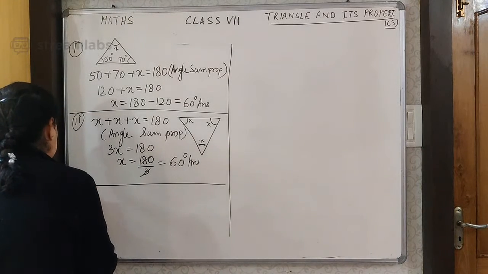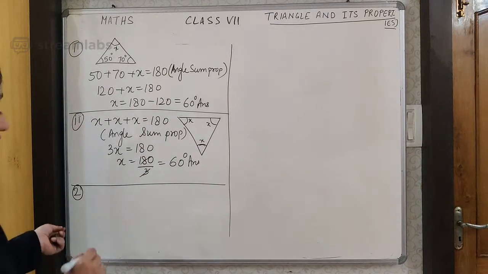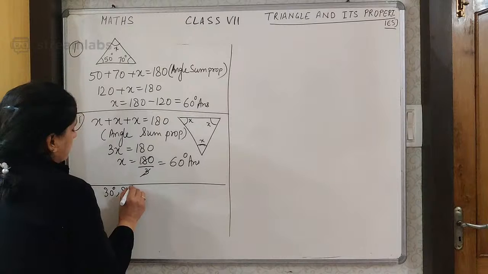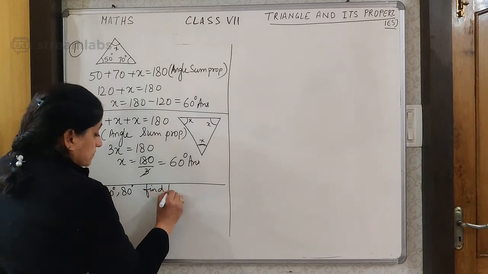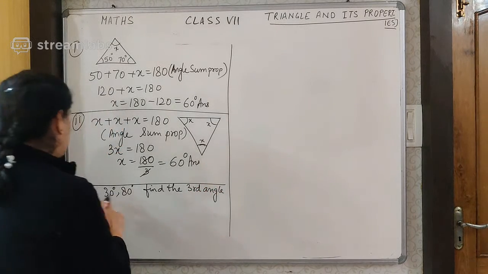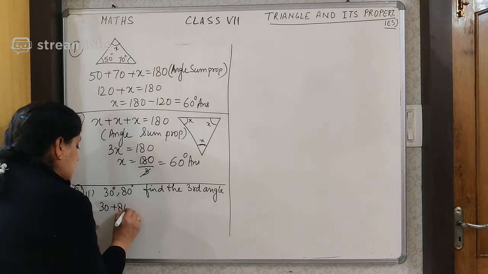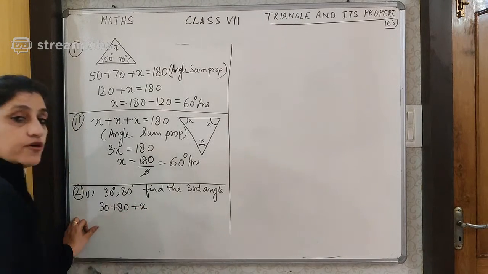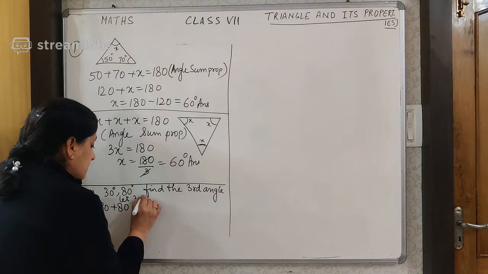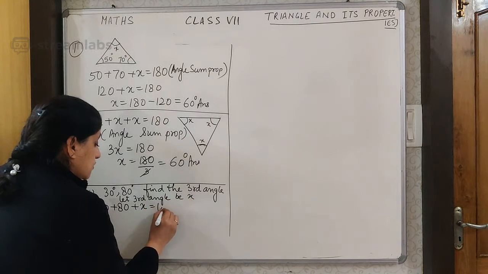Then the next question I am taking up, and the question says two angles are given to us, we have to find the third angle. Very simple again it is. Two angles are 30 and 80. We have to find the third angle. Similarly, we will use 30 plus 80 plus x, and before I write this, I will write over a line, let third angle be x, is equal to 180.